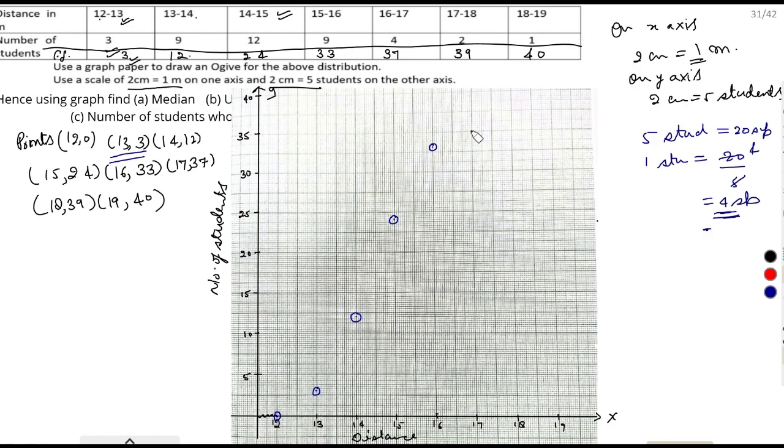This is 35 and for 2 students we have to count 8. 18, 39. For 1 student, come back 4 small parts. Next is 19, 40. Now join these points with free hand.